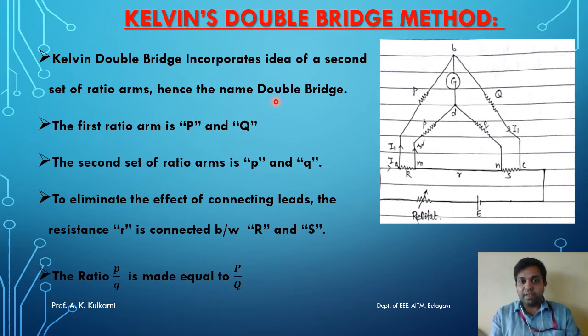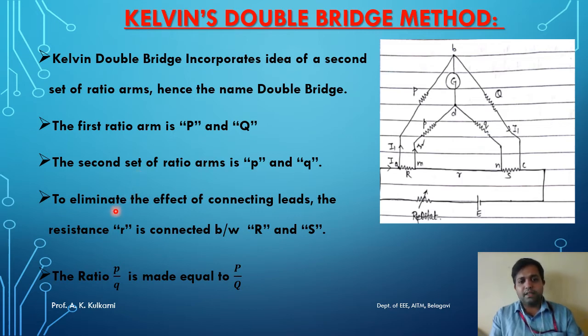So ratio arms are represented by what? Capital P and capital Q. So we are going to use another set of ratio arms and they are represented by small p and small q. The first ratio arms are nothing but capital P and Q, and the second ratio arms are nothing but small p and q value.